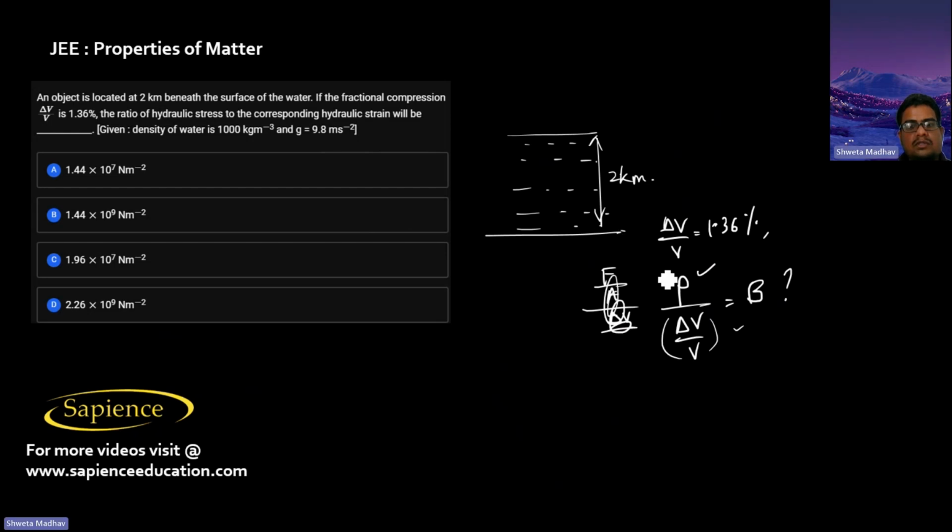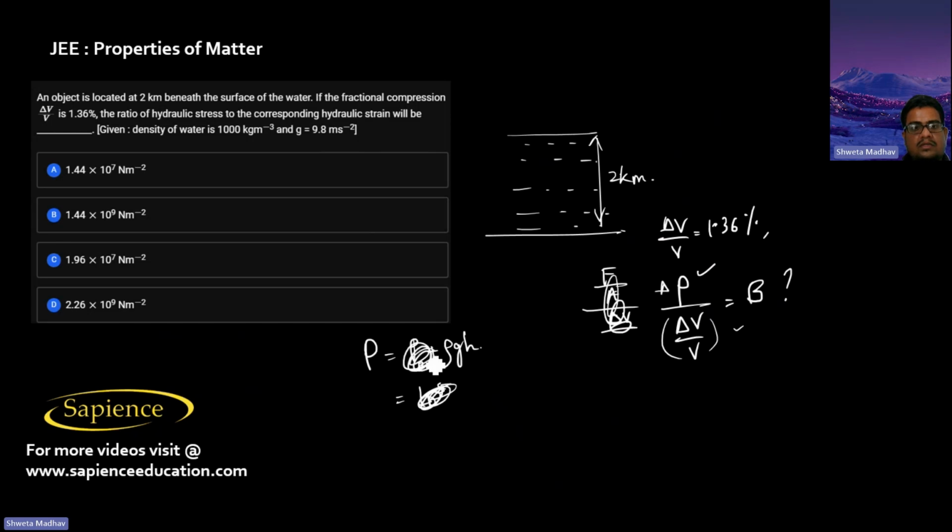So the pressure, that is delta P, at 2 kilometers beneath the water surface is P naught plus rho g h.